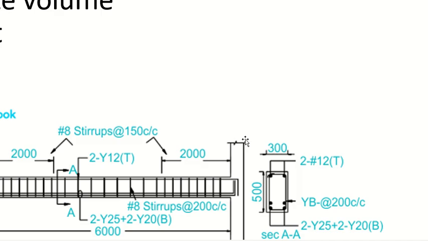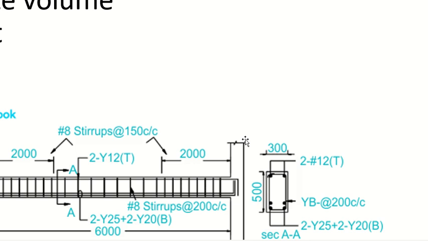How much is the perimeter? 300 multiplied by 2 plus 500 multiplied by 2. It's missing something. Yes, cover. So 500 into 2 plus 300 into 2.